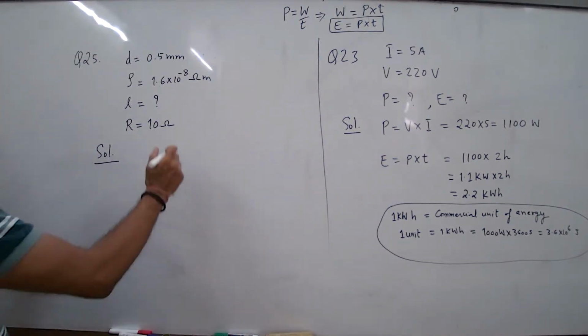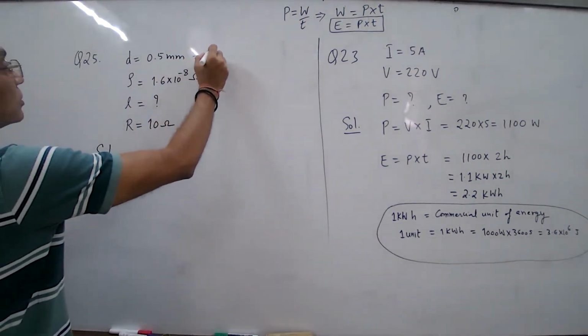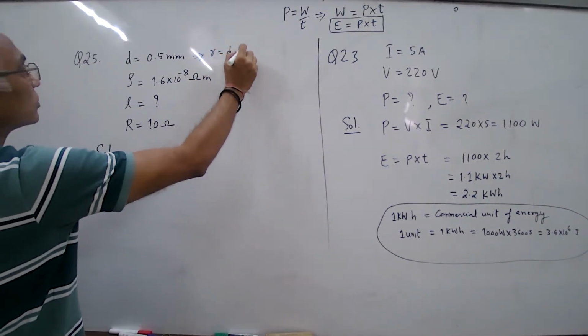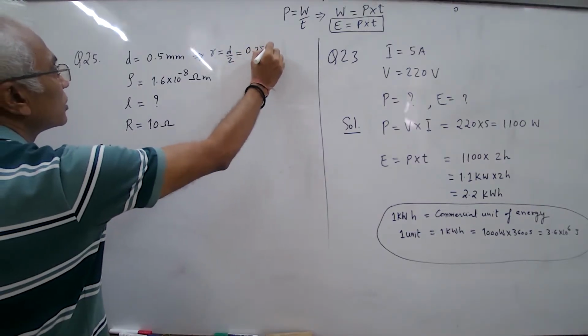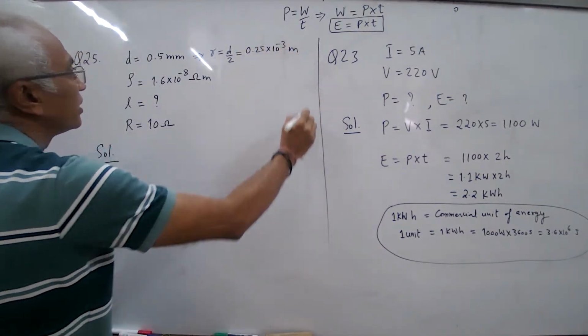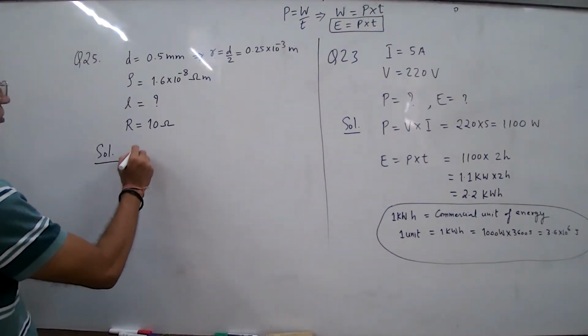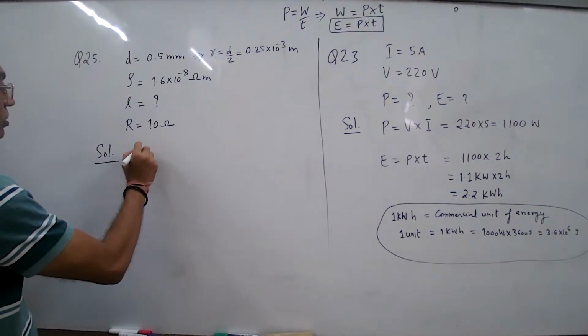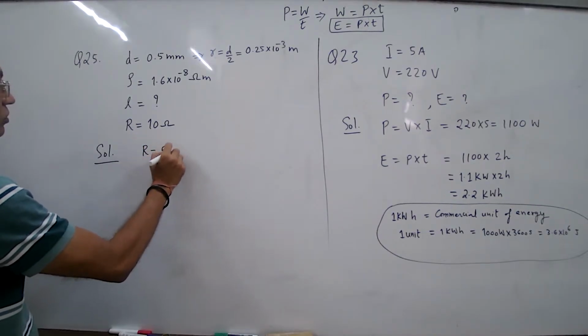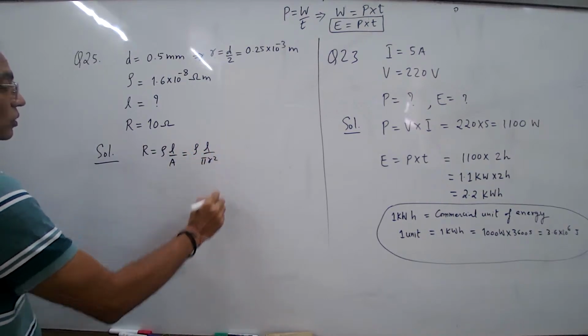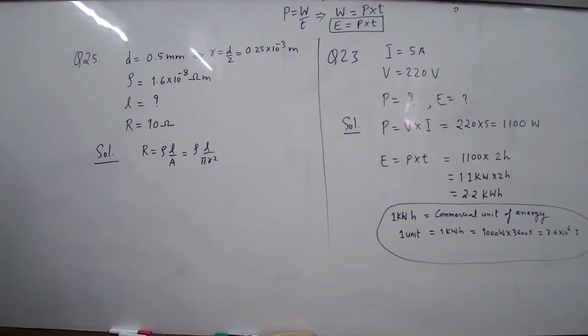So what is the relation between all this? R equal to d by 2, 0.25 meter. We know this relation R is equal to rho L by A. The area of cross section of the wire can be pi r square, right? The wire cross section can be treated as a circle.